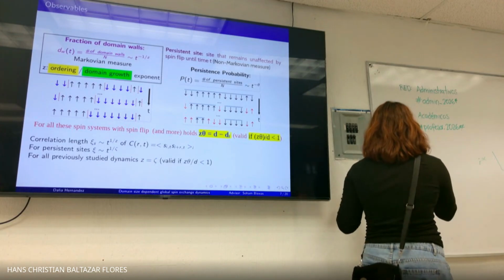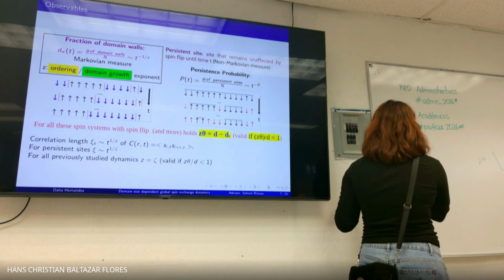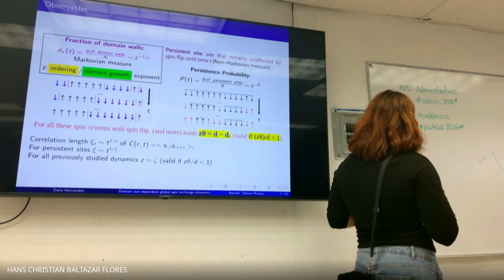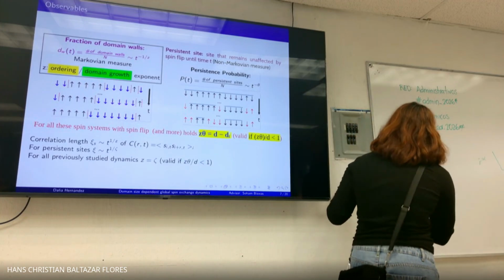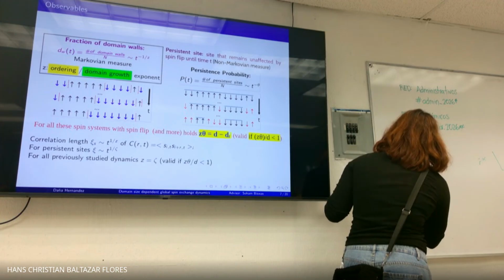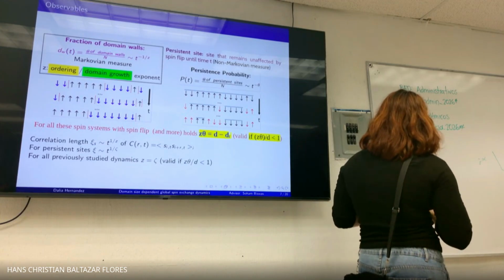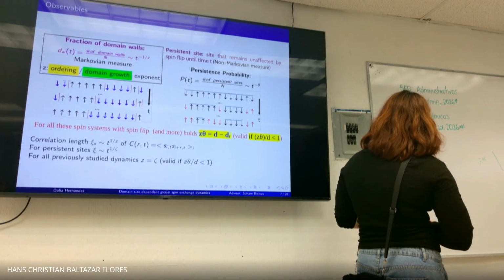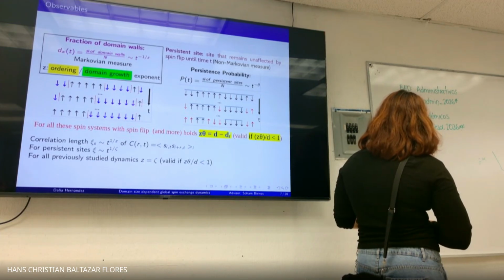And suppose D is equal to 1. No, something is wrong. So Z times theta must be smaller than 1.